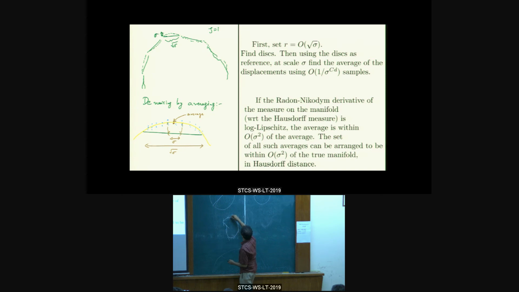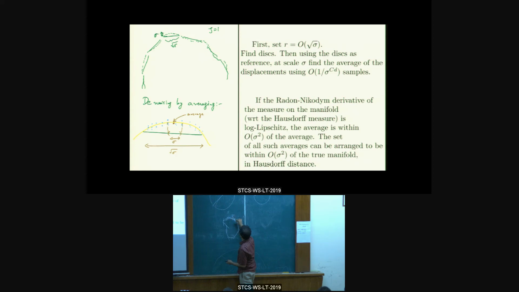Now what you do is a function approximation for this unknown manifold using patches of length sigma. Instead of square root sigma, you go to sigma. When you do that, you basically average. It's a simple averaging thing, but it's not a flat thing you're averaging.